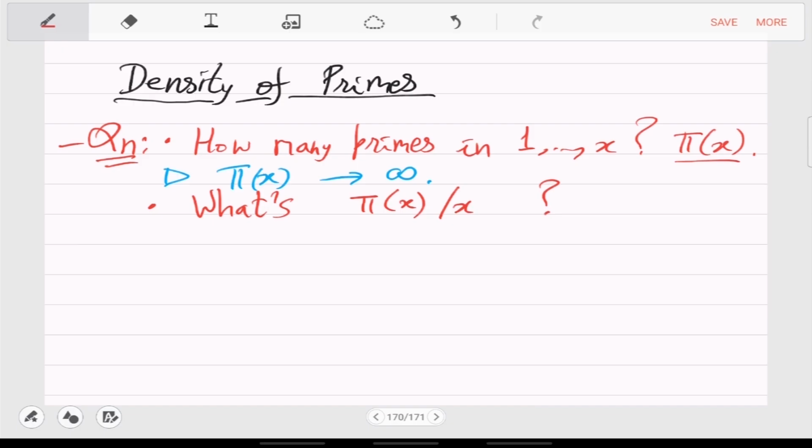Suppose you want a 1000-digit prime, and for 1000 digits, suppose there are only 10 primes available. So how will you find them? There is no formula for primes. So you have to go over all 1000-digit numbers, which is like 2 raised to 1000 or 10 raised to 1000, out of which only 10 you will find, right?